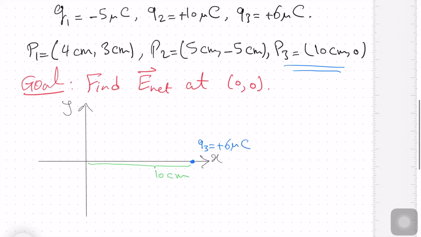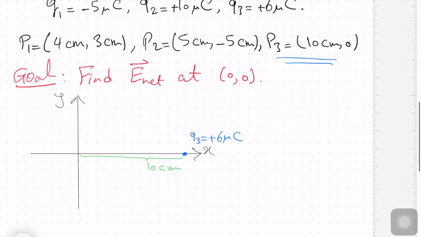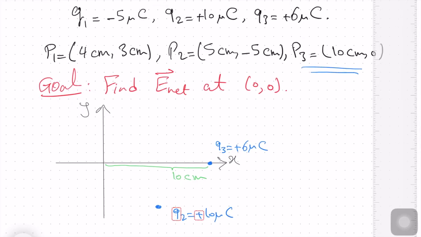Now, the next charge that's easy to draw after this is 5, minus 5. Now 5 is half of 10, so I'm going to just aim for something in the middle here. Let's say I put it here. This would be Q2, which is plus 10 microcoulomb. Now I'm going to put the last charge, Q1, which is at 4, 3.